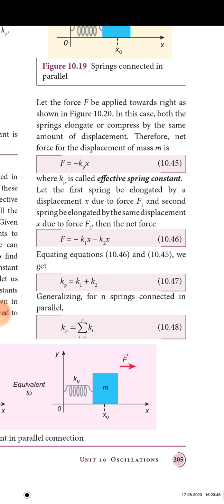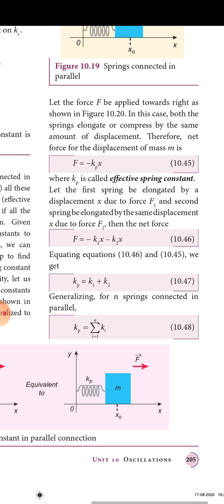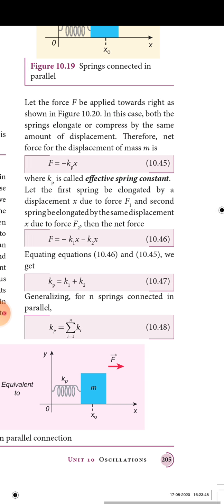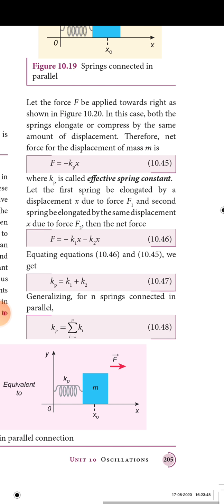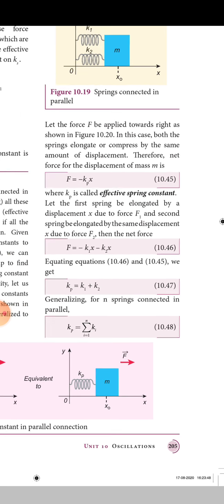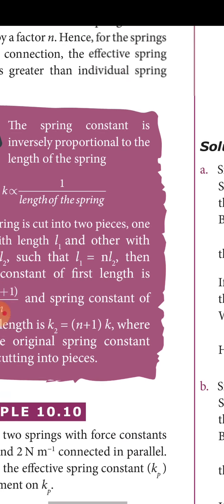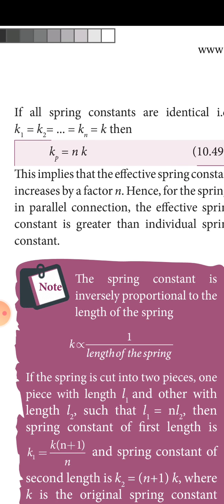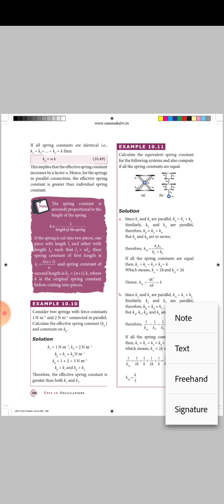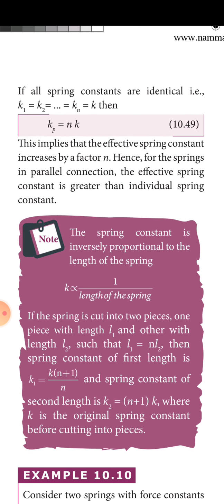Generalizing for n springs connected, we can write kp as the summation of ki from i equal to 1 to n. This is for springs connected in parallel combination. If we connect n identical springs, the force constant kp equals nk.